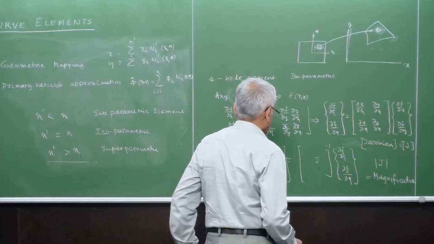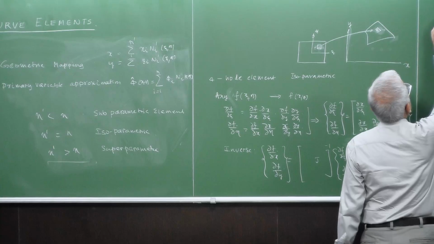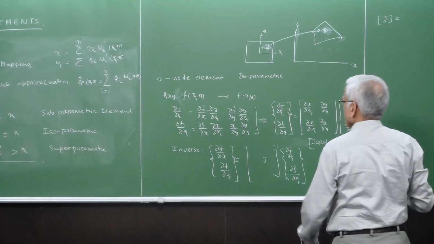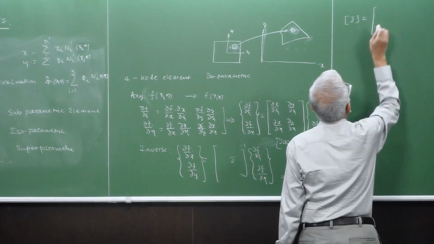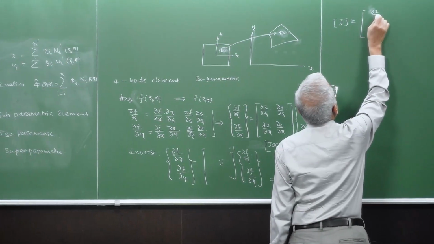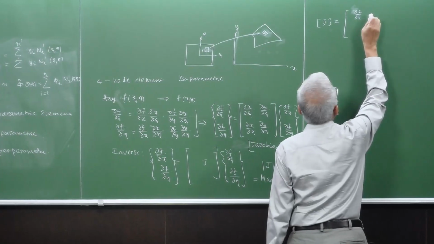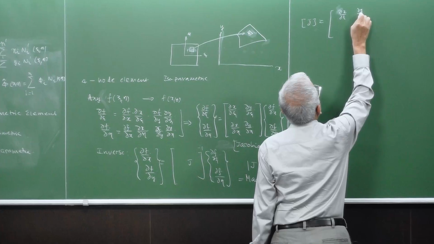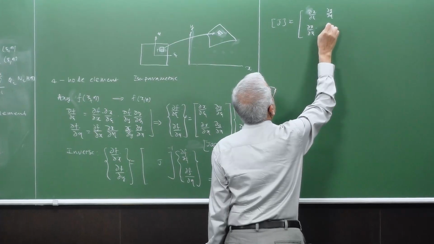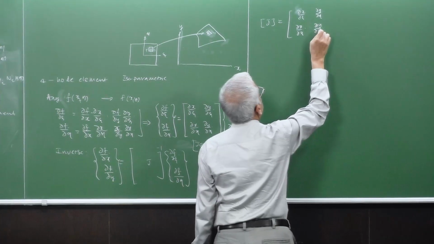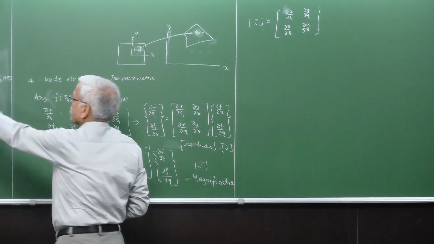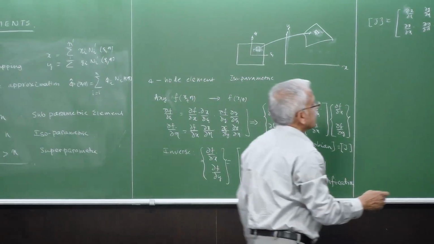So how do we determine the Jacobian to start with? The Jacobian, which is of primary concern for us, is dou x by dou xi. Remember that x is written like this here.